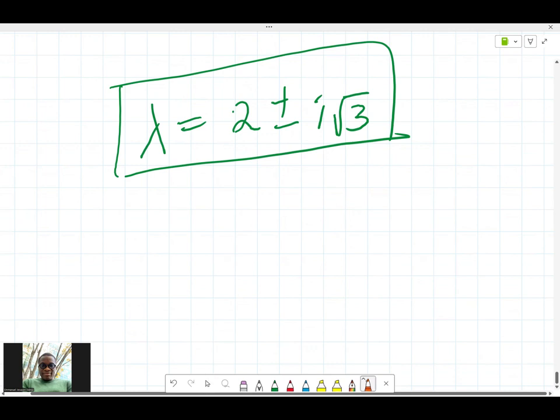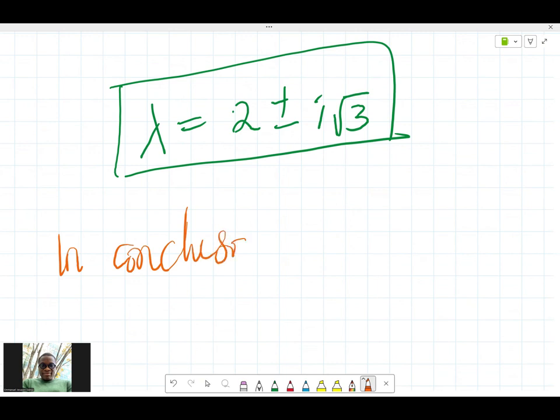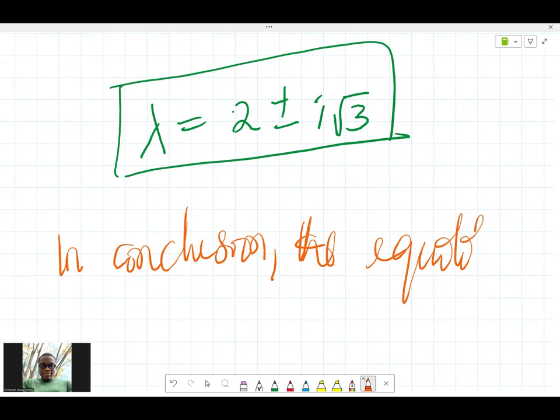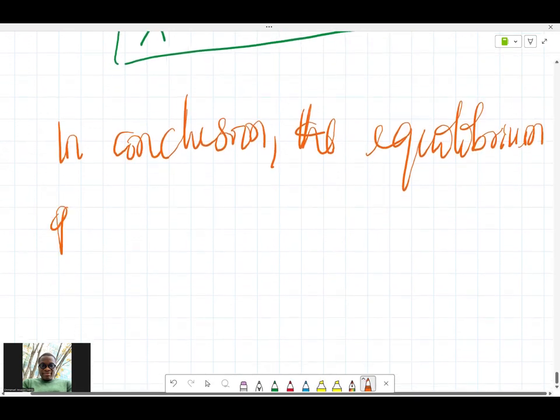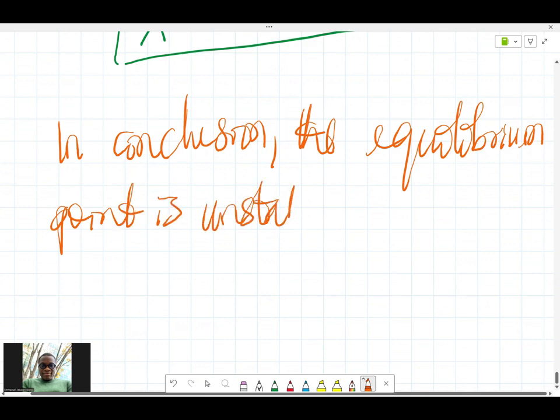Okay, so we can say now that, in conclusion, the equilibrium point is unstable. How do we know that it is unstable?